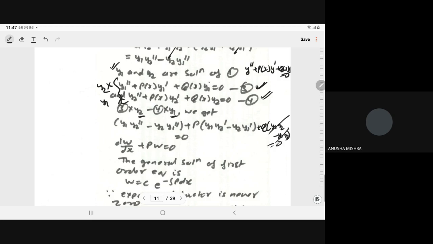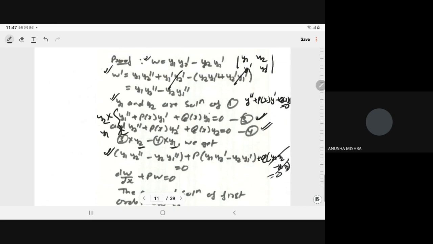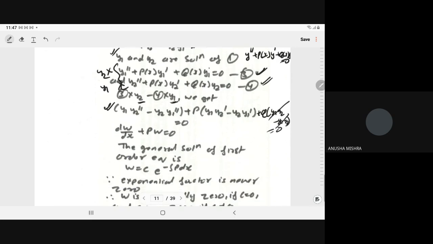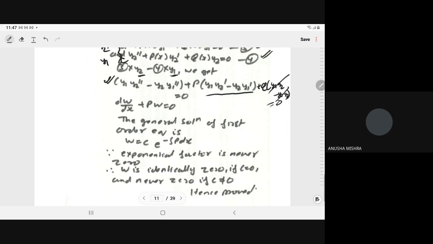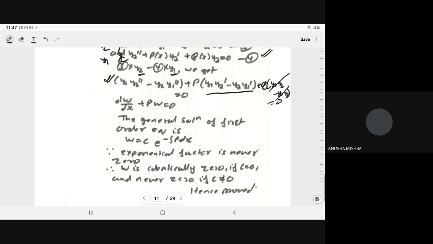So here we have this, and this is W dash, and this is W. So we write dW by dx plus pW is equal to 0. Now it is a first order differential equation. It can be written as dW by dx is equal to minus pW.